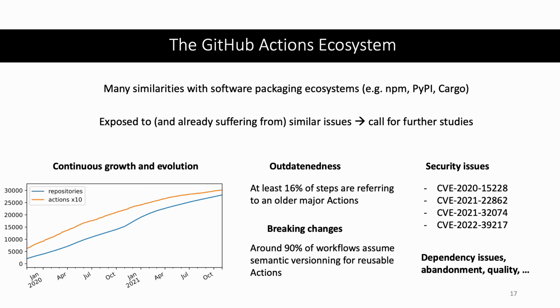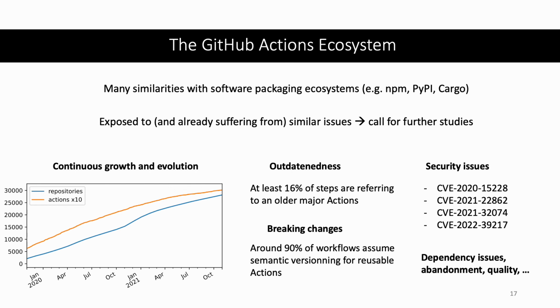It is also exposed to, and already suffering from, similar issues to other ecosystems, which need more study. In terms of growth and evolution, we see a steady growth in the number of repositories that are using these reusable components, and also in the number of actions provided to the users.